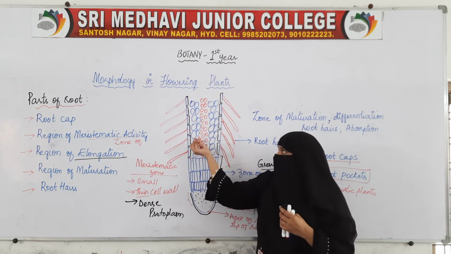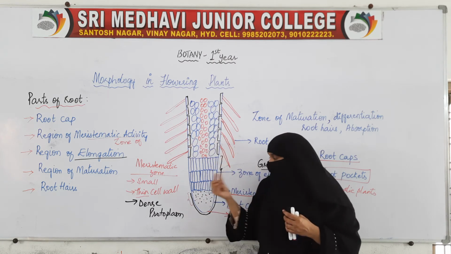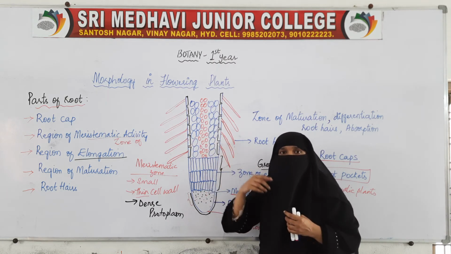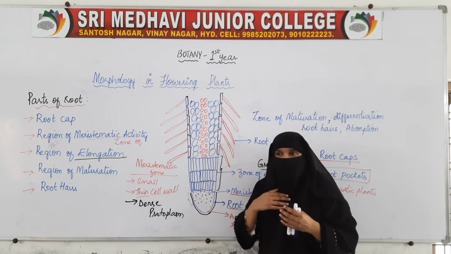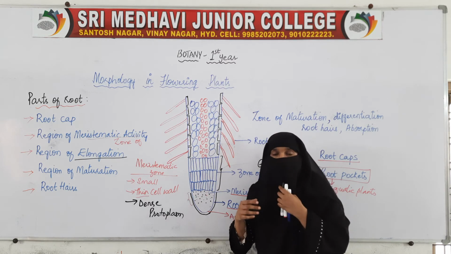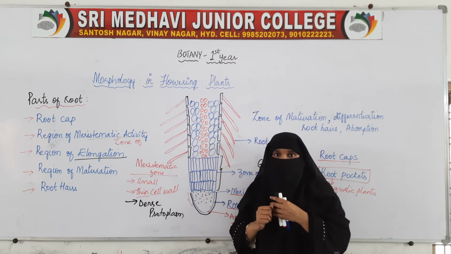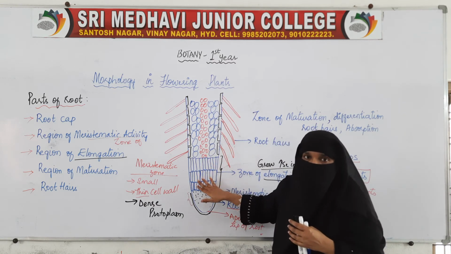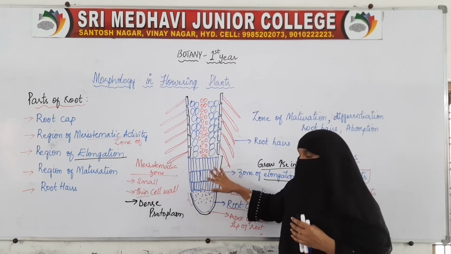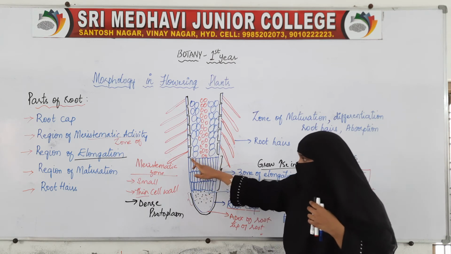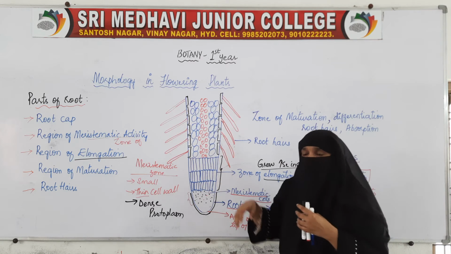Few cells will change into parenchymatous cells. Few cells will change into different types of cells of xylem. Few cells will perform the function of phloem. So they will be differentiated and given the function.